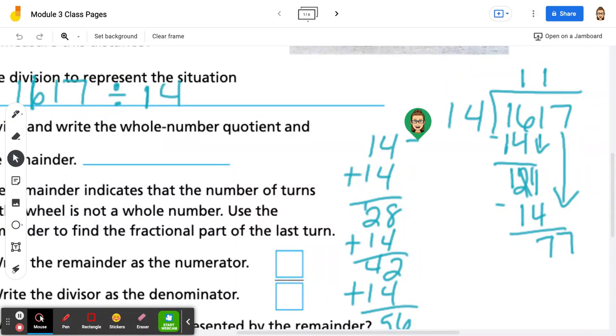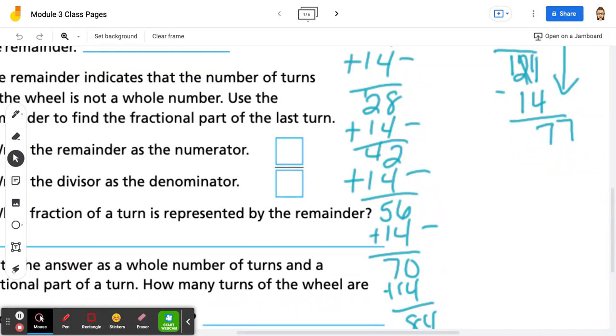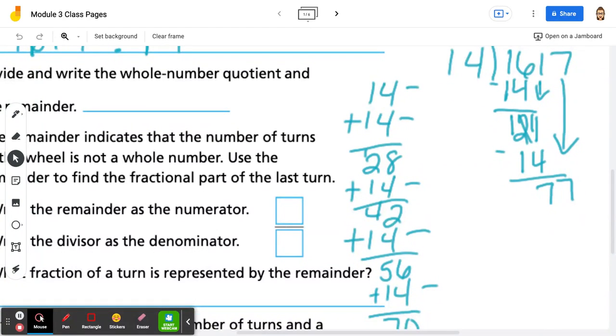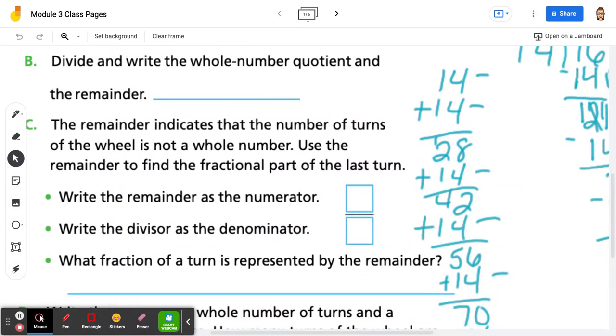So that would be 1, 2, 3, 4, 5 times. I'm going to put a 5 up top. My fifth time, I got 70. So I'm going to subtract 70. 77 minus 70 is 7. So my whole number is 115 with a remainder of 7.